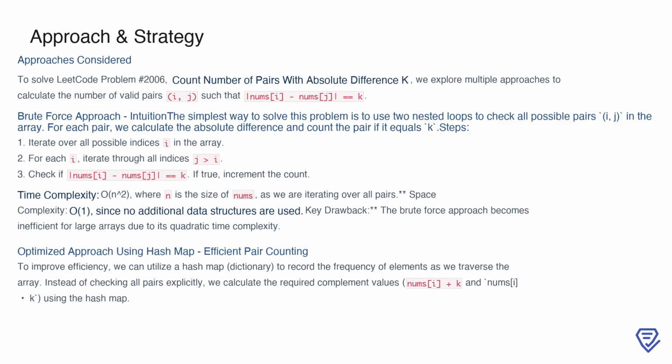This approach has a time complexity of O(n^2), because we are evaluating every possible pair in the array, making it inefficient for larger inputs. On the other hand, it has a space complexity of O(1), as it doesn't require any additional data structures. However, the quadratic nature of this method makes it impractical for situations where the array size is large, which is why we consider a more efficient alternative using a hash map.